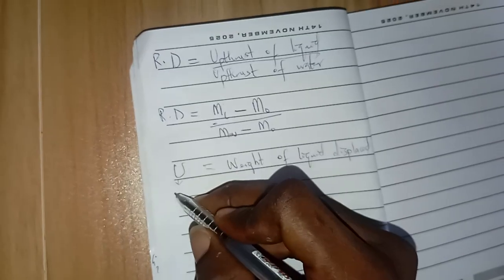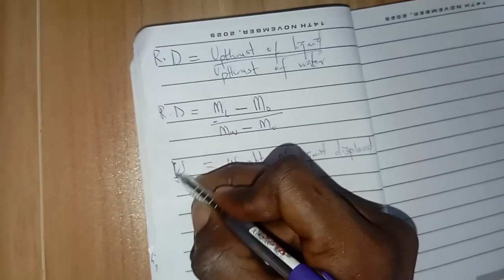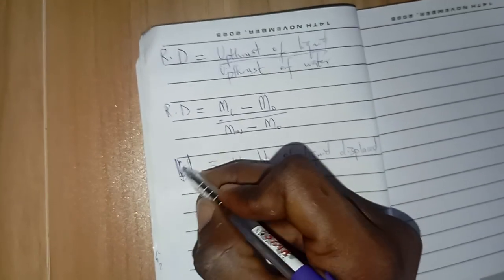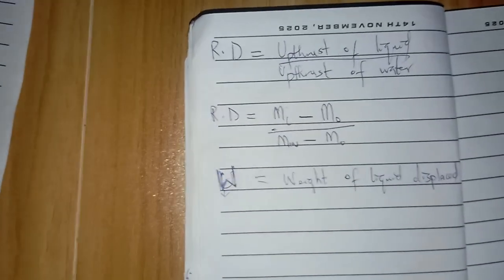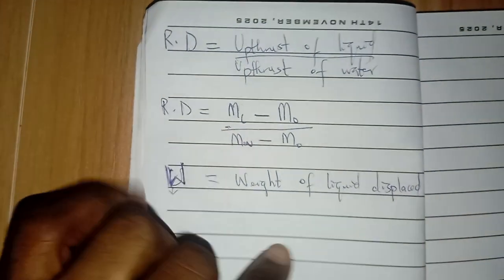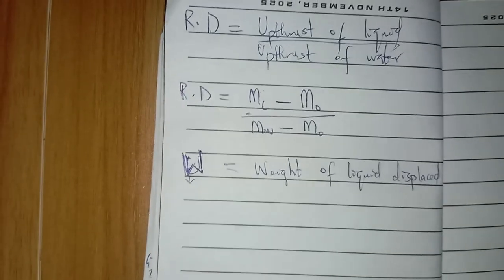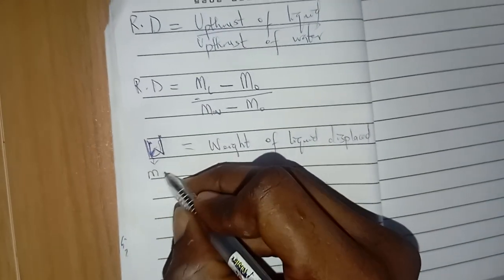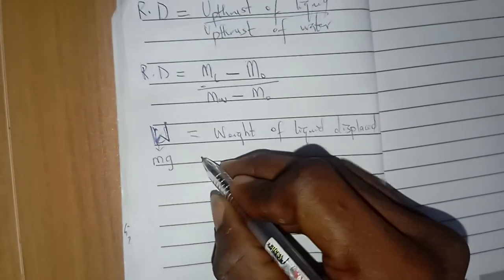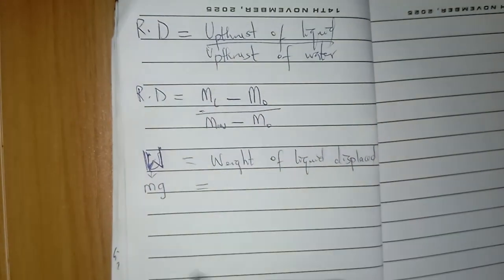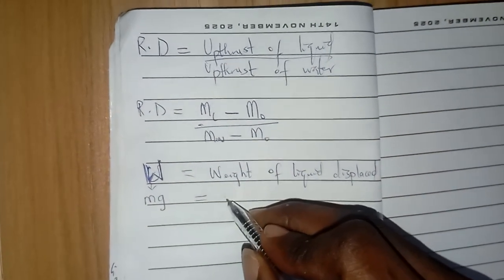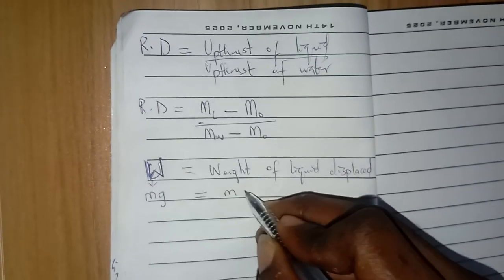This is weight of hydrometer, or you say W. The principle hydrometer uses is weight of hydrometer in water is equal to the weight of fluid displaced, or you say weight of liquid displaced. So this will be the sentence saying mg equals to weight of liquid displaced, which is also mg.